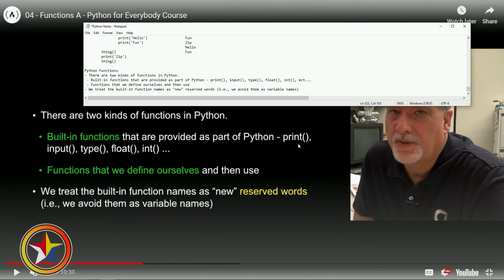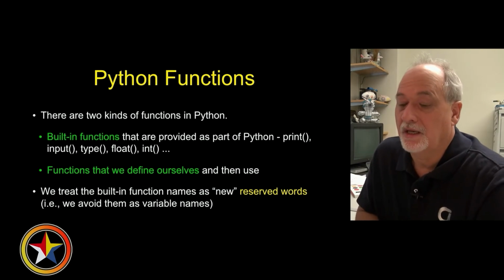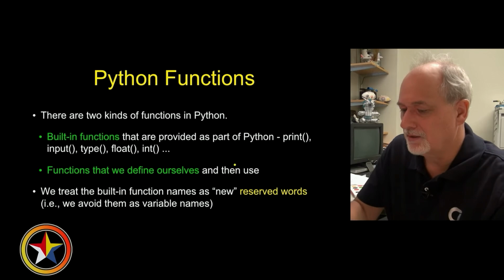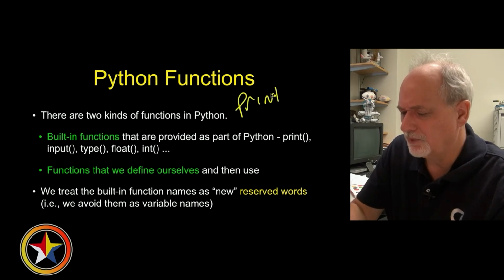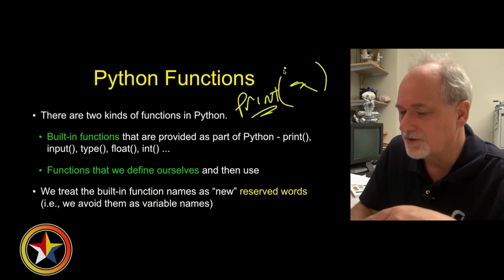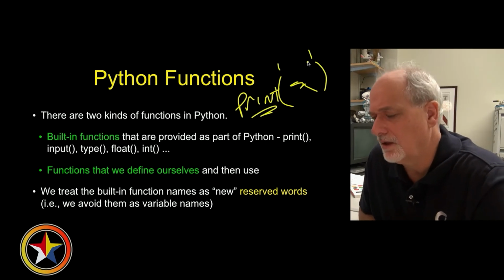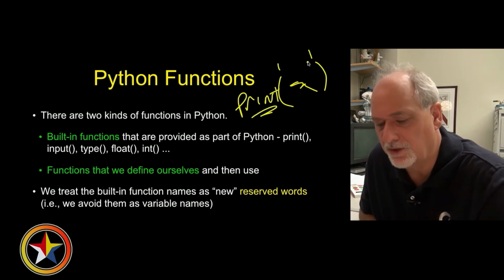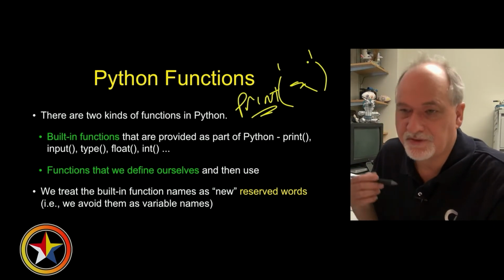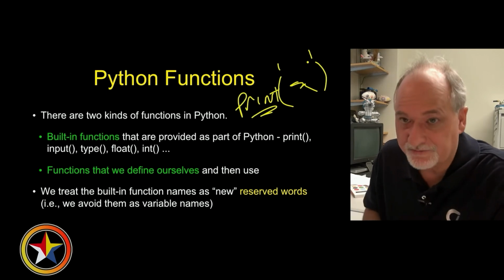All right, so let's see what he says. We've been using functions from the beginning. Print is a function, right? Every time we see print, P-R-I-N-T, parenthesis, and then we have some stuff in here, we are calling the print function. The syntax with two little parentheses is the syntax for functions. And so input's a function, type is a function, float's a function, int's a function.